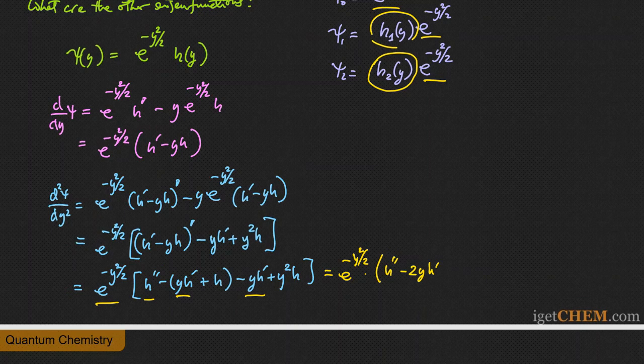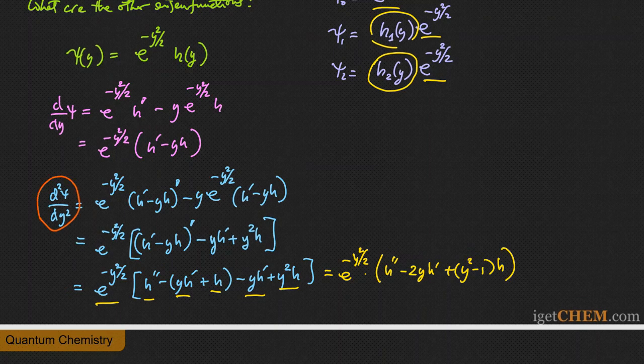And then finally you have this factor of h, and here is a y squared times h. So together you will get 1 plus, there's a minus sign in front, so you will get plus y squared minus 1 times h. And so that is just the second derivative of psi.